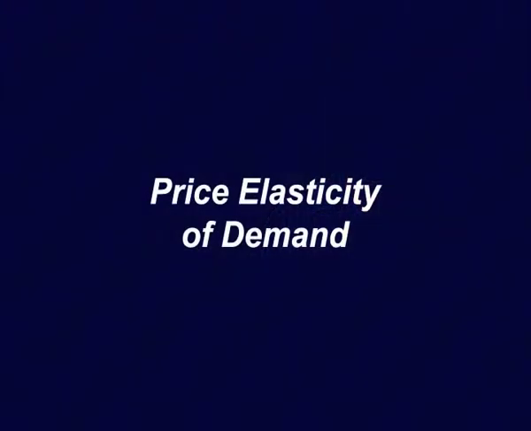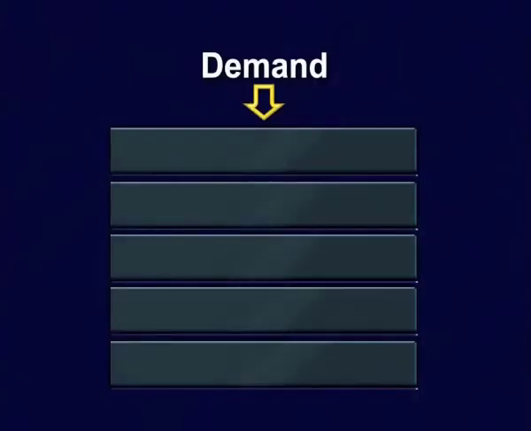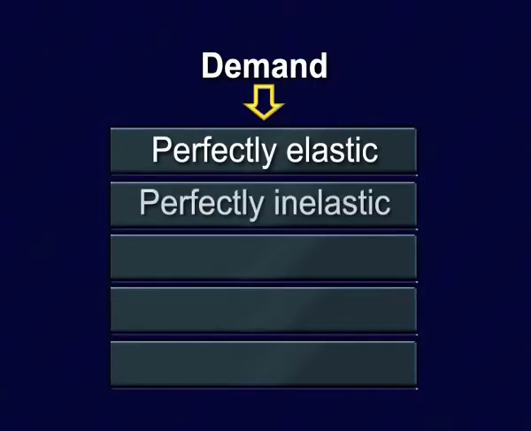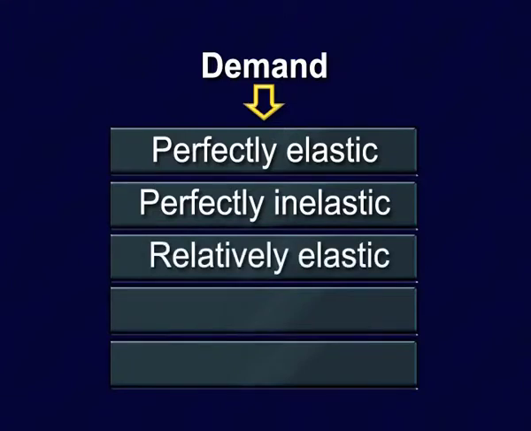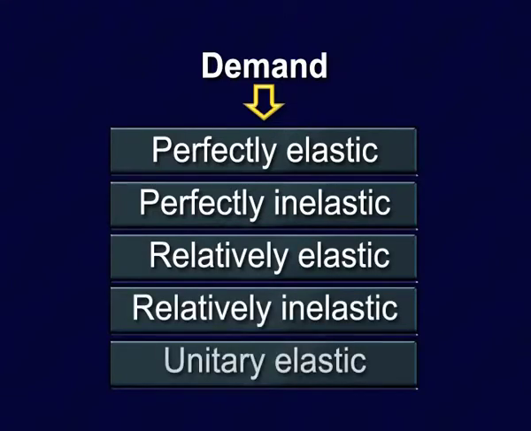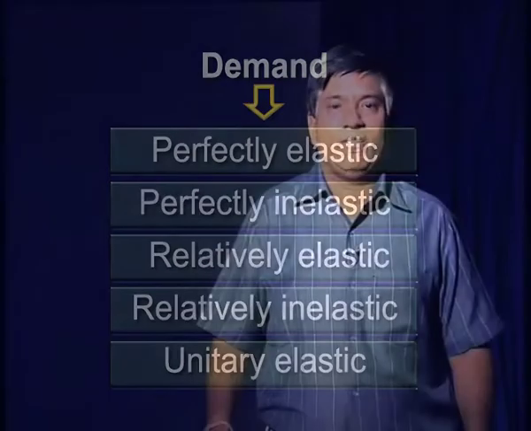As it was discussed, 3 types of elasticity of demand are there: the price elasticity, income elasticity and cross elasticity. In this particular program, we have focused our attention on the price elasticity of demand, and therein we have discussed various options available, various possibilities of whether the demand is perfectly elastic or perfectly inelastic, or relatively elastic or relatively inelastic, or unitary elastic when the EP was equal to 1.